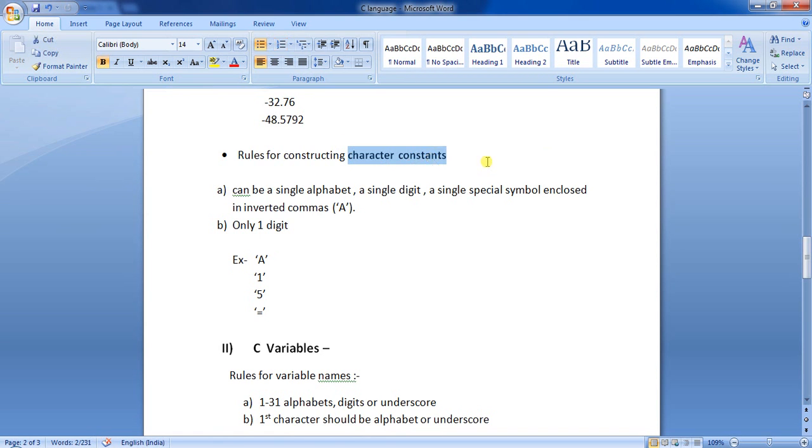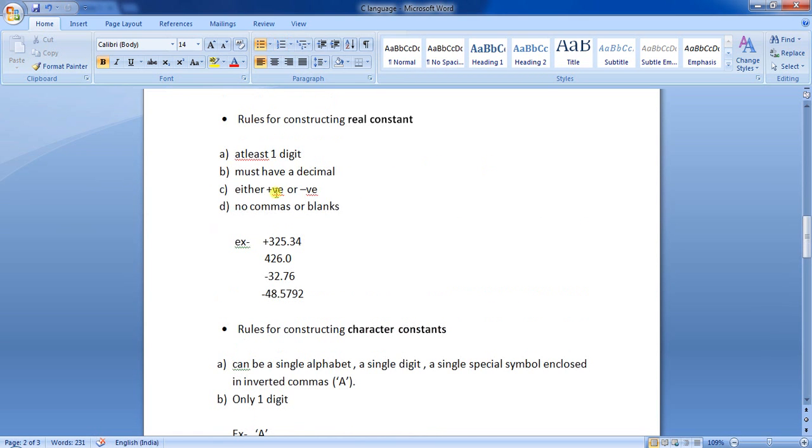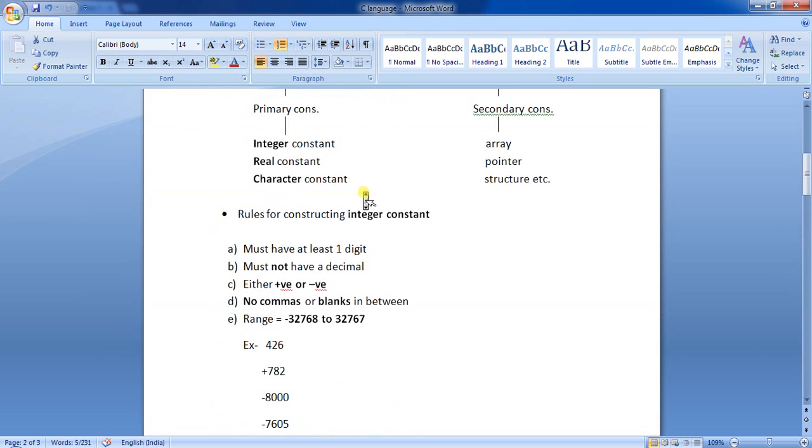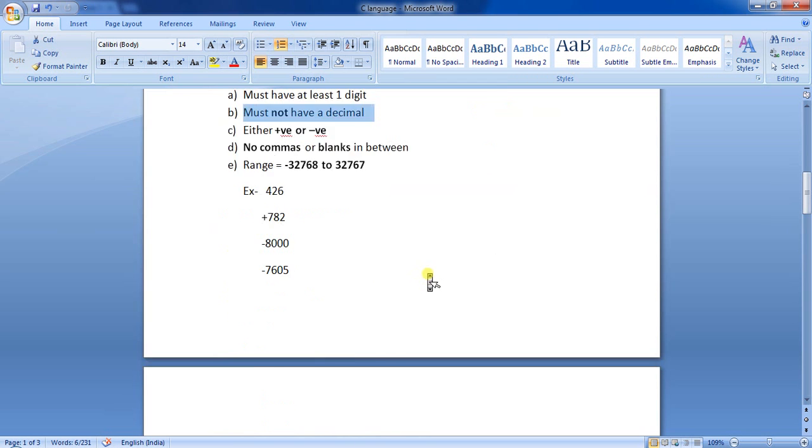The main difference is that a real constant contains a decimal point and an integer constant must not have a decimal.